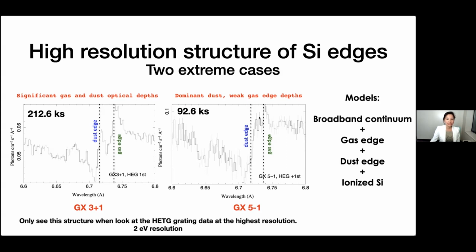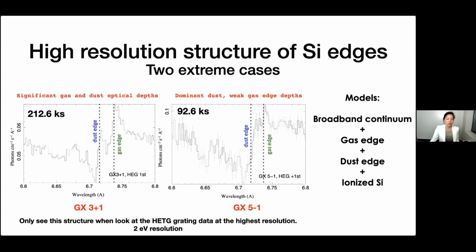This is the silicon gas edge. This is the silicon K dust edge. So we can say this source is mainly dust dominated, and only neutral gas contributes to the edge. On the left is the spectrum for GX 3+1 with about 200 kiloseconds exposure time, and both gas and dust contribute to the silicon edge.